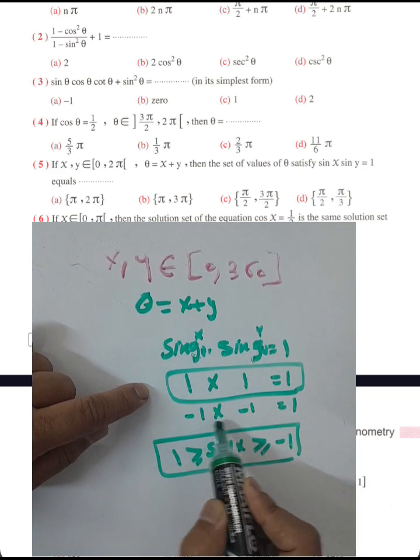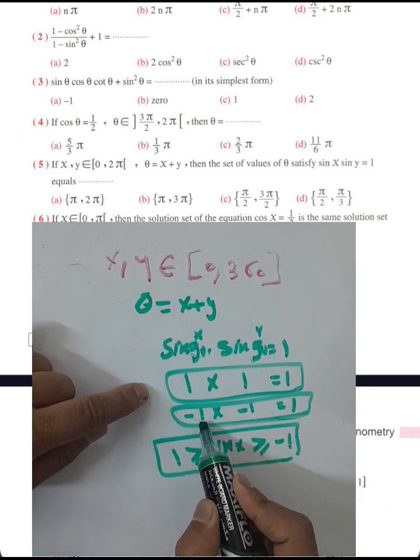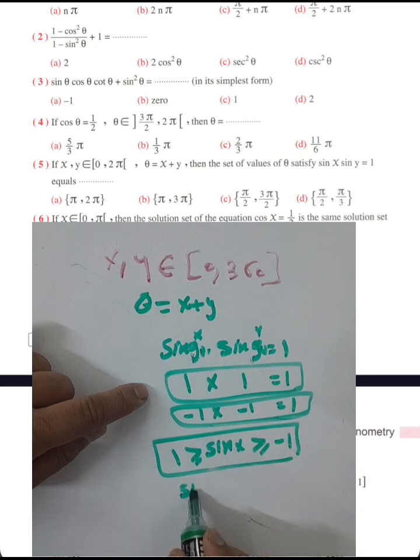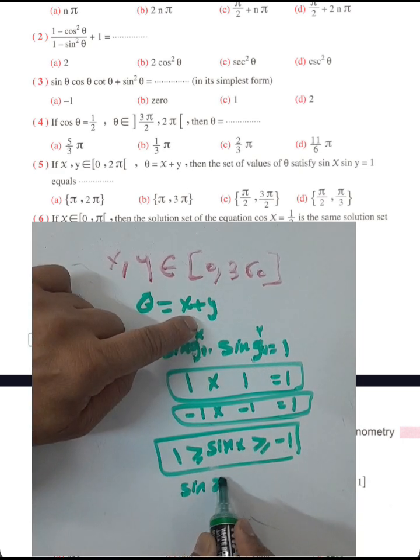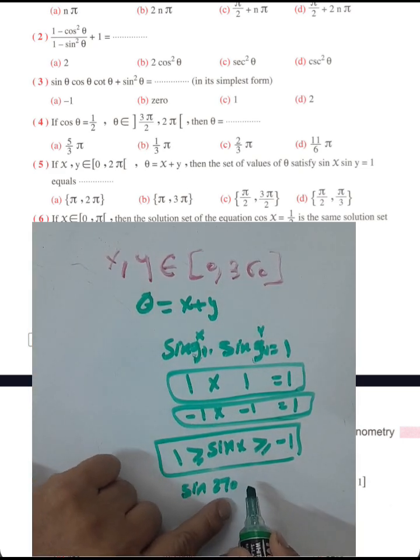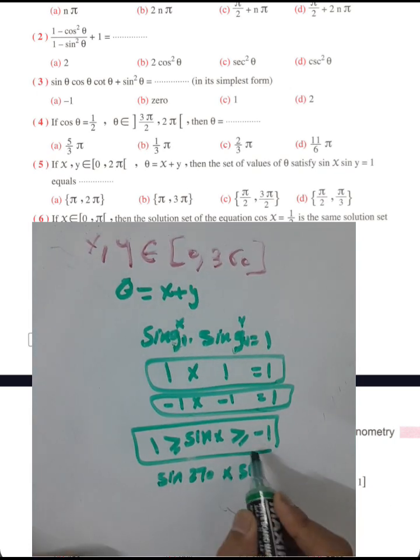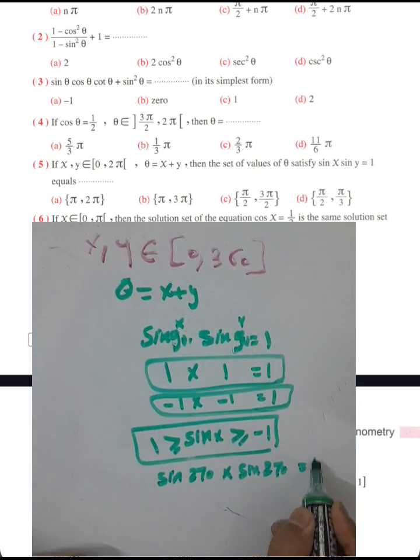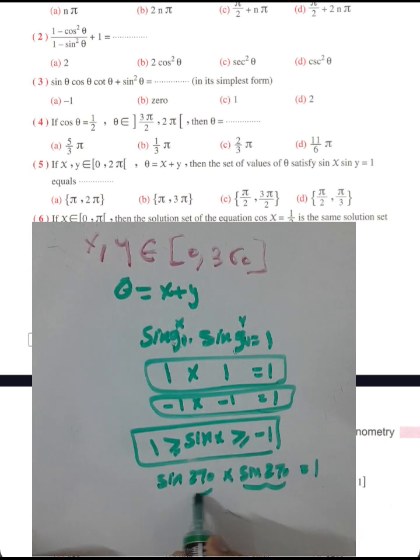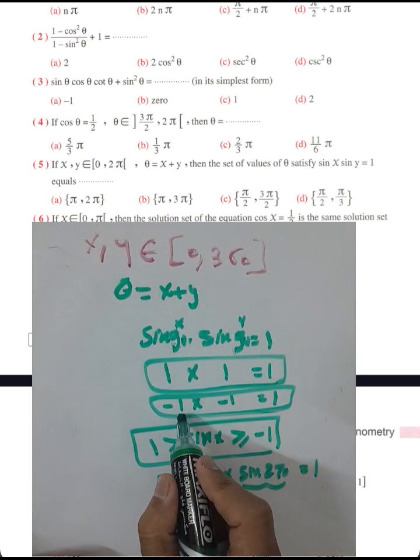And we get negative 1 times negative 1 equals 1 if x equals 270 and y equals 270, because sine 270 equals negative 1.